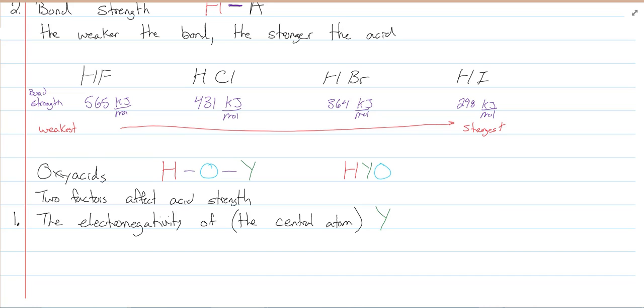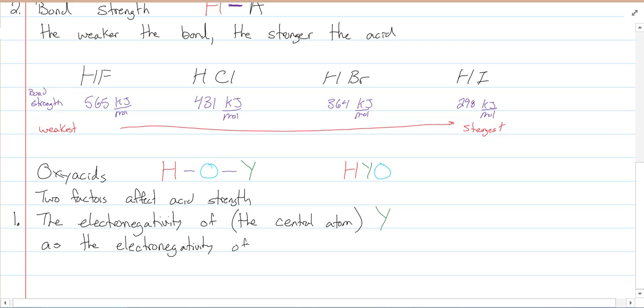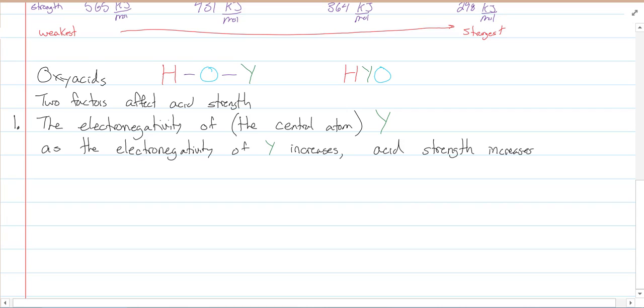So, for example, as the electronegativity of Y increases, acid strength increases. K becomes larger.